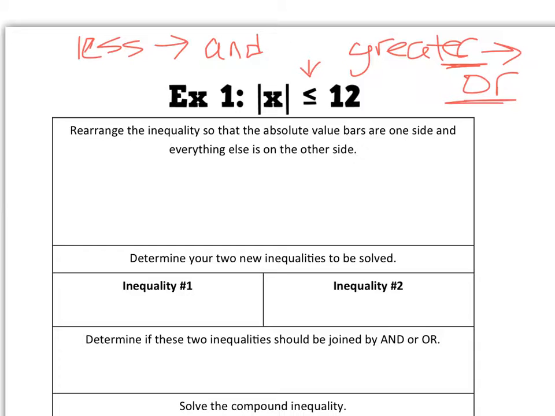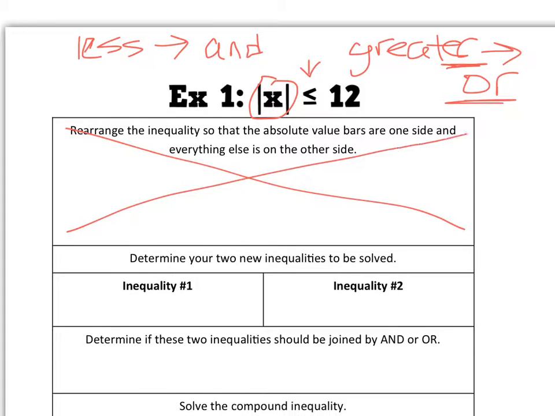The first step is the same as with equations. You need to get it so that the absolute value is by itself, which for this problem is already done. Then we're going to determine our two inequalities. The first inequality just involves dropping the absolute value sign and writing what I had. So that would be x is less than or equal to 12.